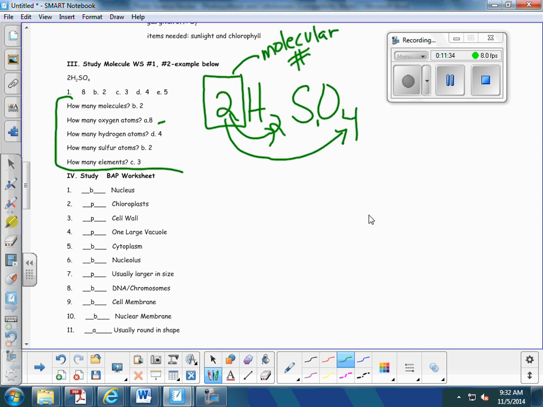If it helps you putting the 1 in there, put that 1 in there. 2 times 1 is 2. And to identify the elements, you count the capital letters. 1, 2, 3 capital letters. Right there's 5 questions on the exam.